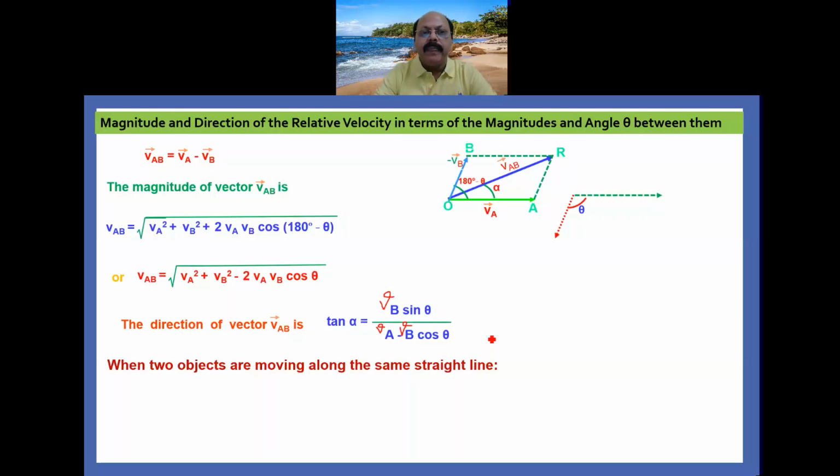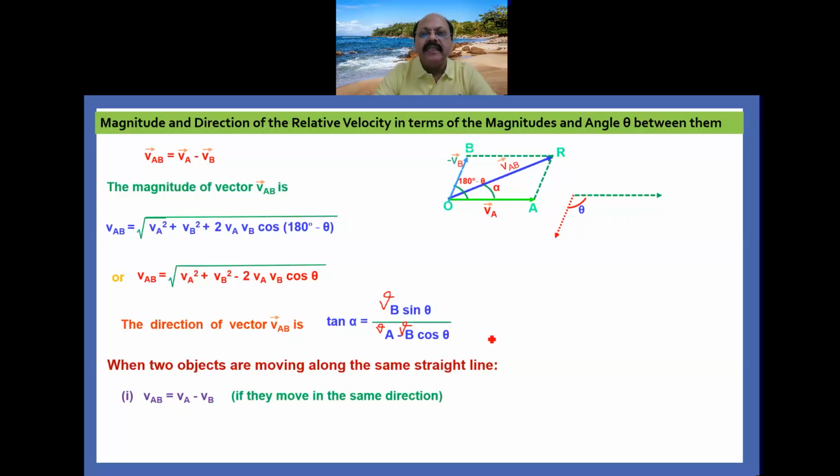Now if the two objects are moving along the same straight line, for example, two trains moving parallel to each other in the same direction, then the angle theta becomes 0.